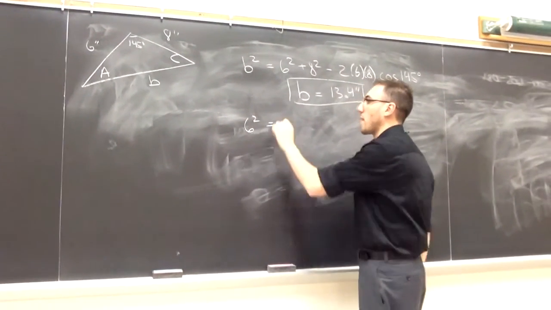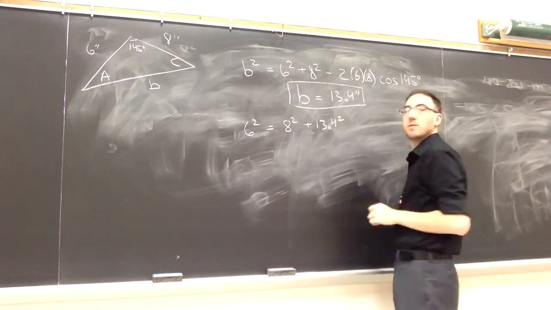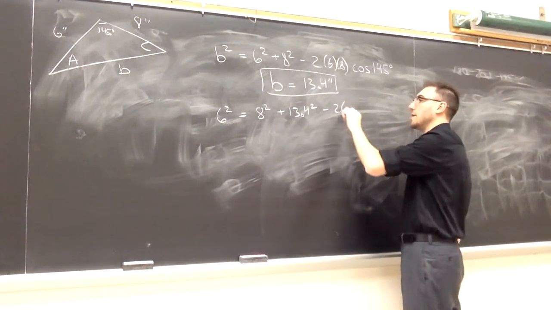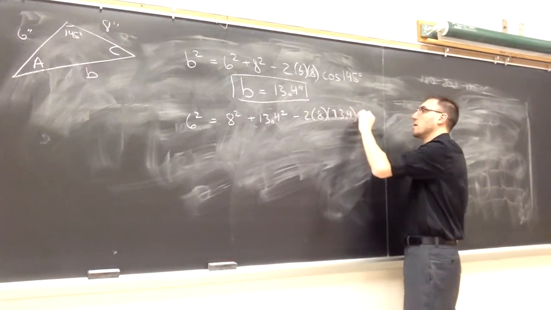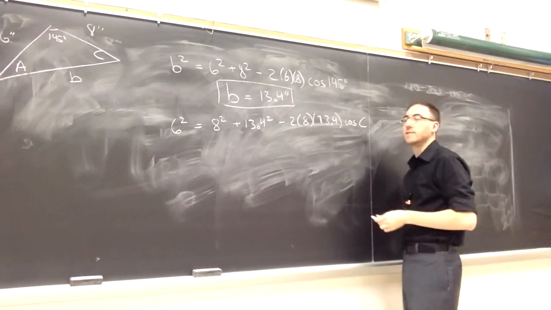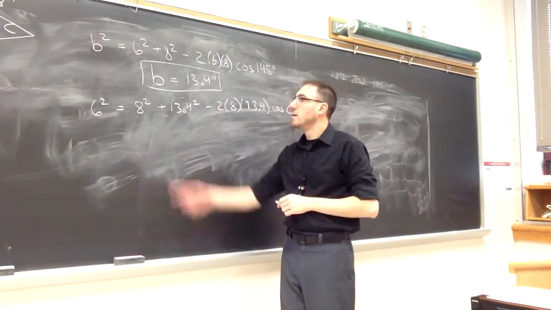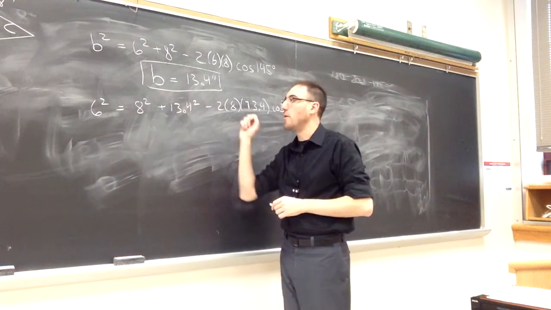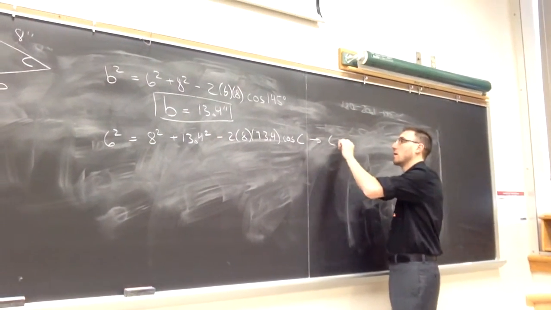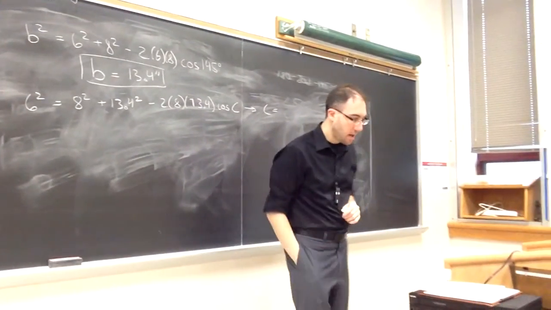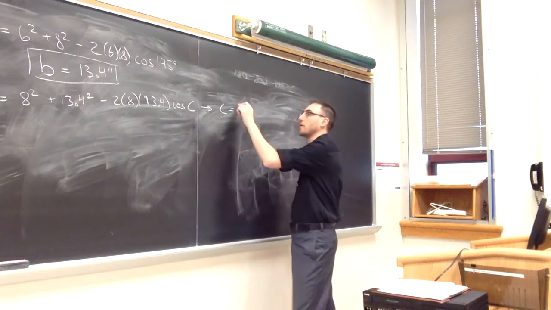So we know that 6 squared is A squared plus B, which we just found, minus 2 times 8 times the 13.4 times the cosine of C. Now, as the second step, we have only 1 unknown, the value of C here. And if we do solve this for C, taking the arc cosine, we get that C is 14.9 degrees.